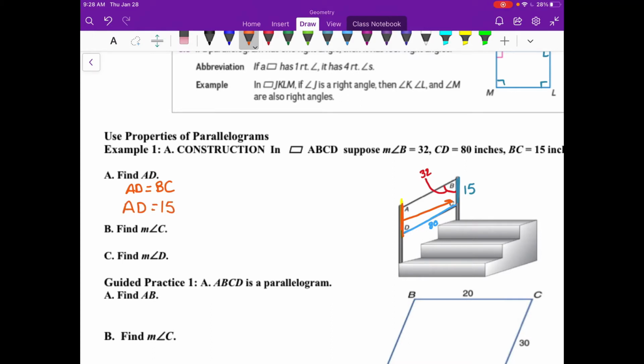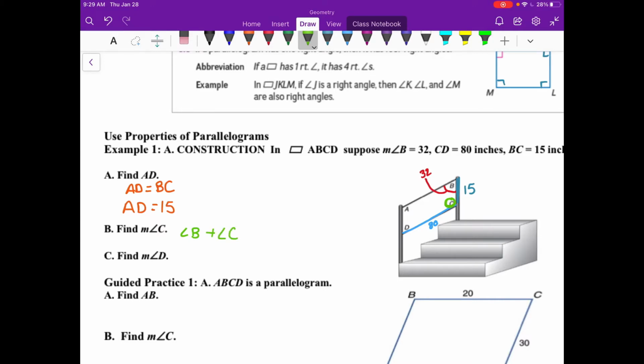Next, find angle C. Angle C is this angle right here. Remember that in a parallelogram, the consecutive angles are supplementary, so they add up to 180. So if angle B is 32, then when added to angle C, it needs to equal 180.